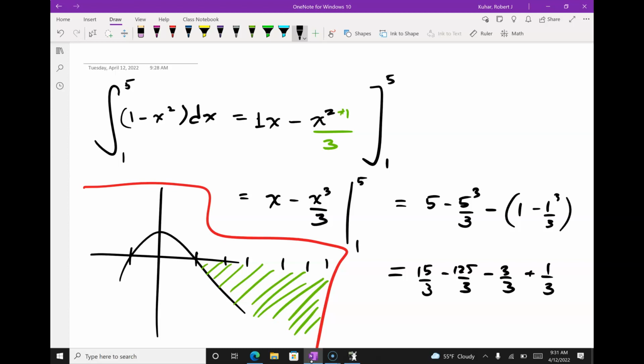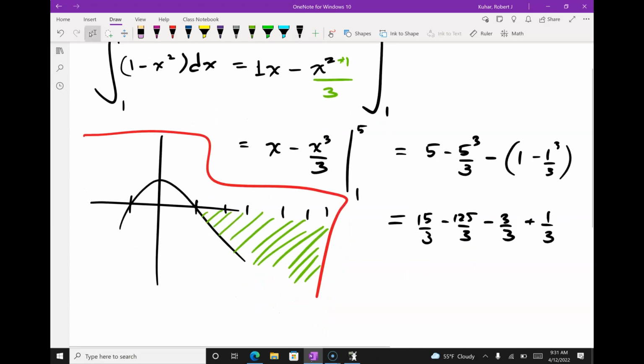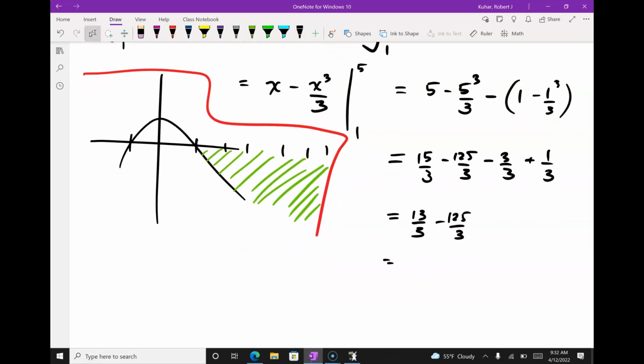I'm just distributing the negative, calculating, and getting an LCD. So it looks like I have 13 over 3 minus 125 over 3. Help me. 112? Yeah, minus 112 over 3.